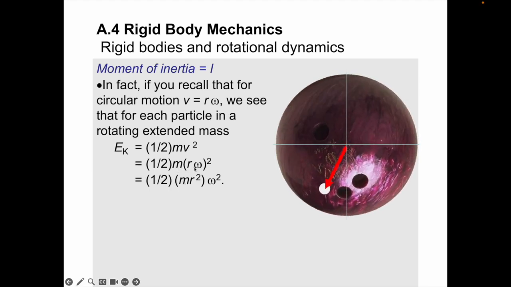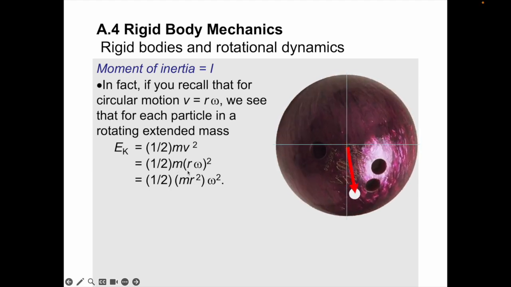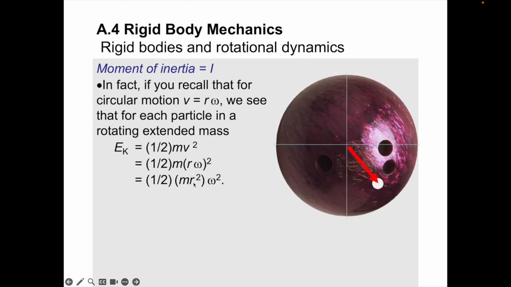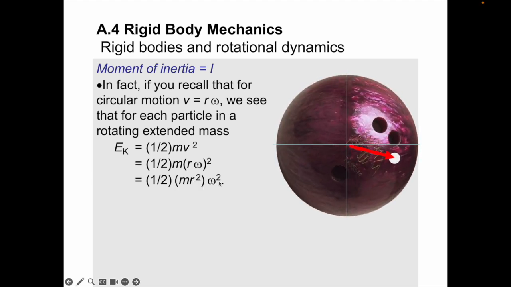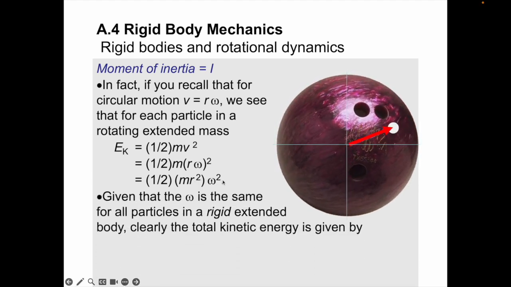So what we're going to do is combine these two together as our m and our r squared and our omega squared staying on the outside.